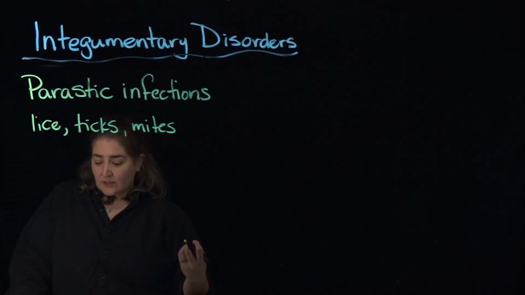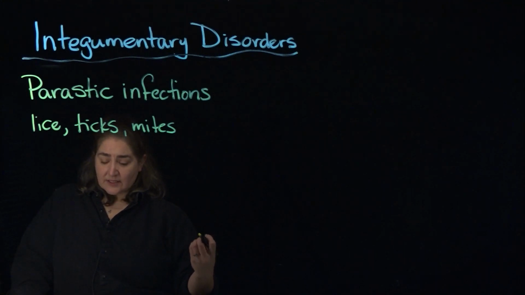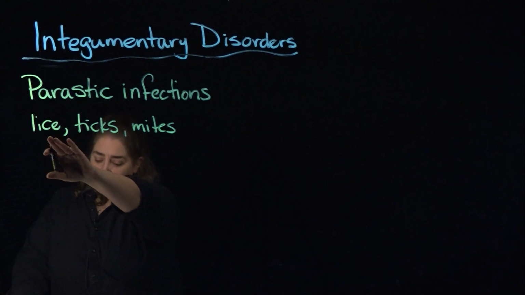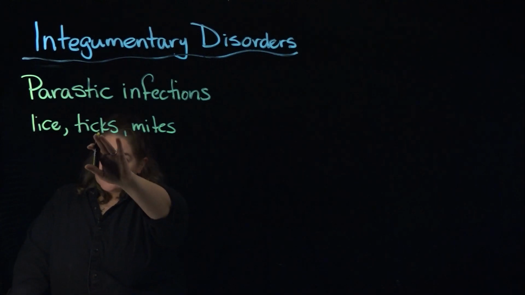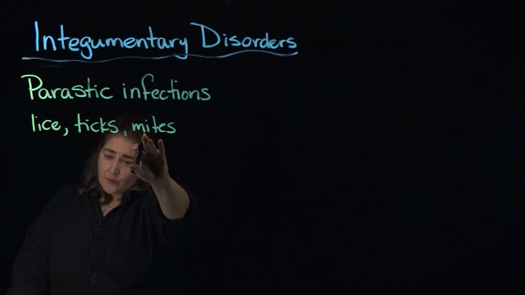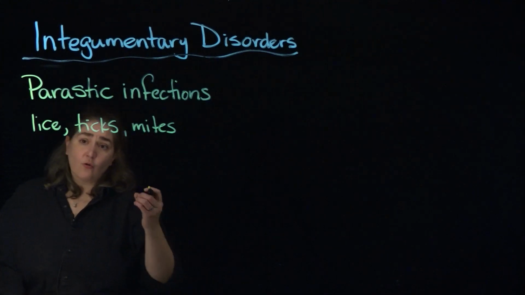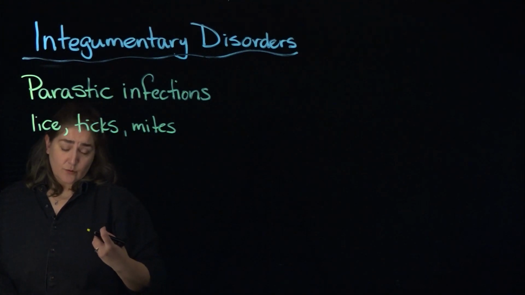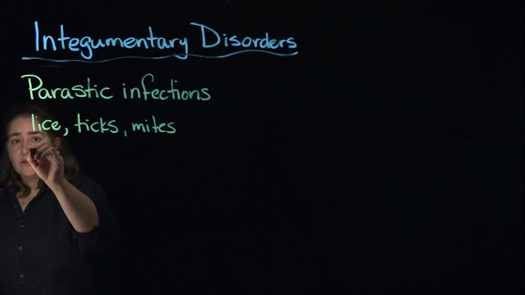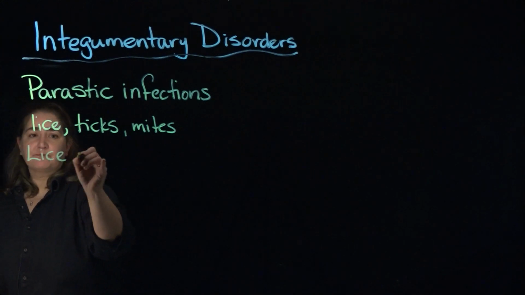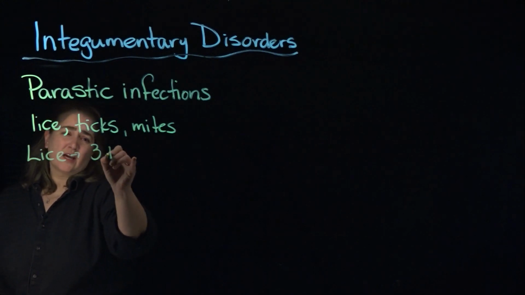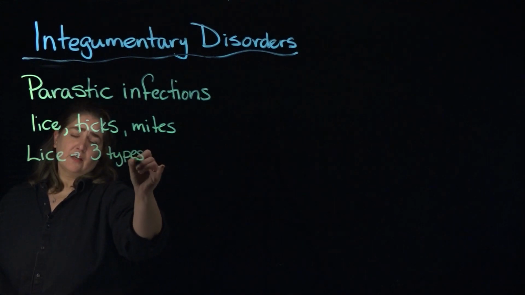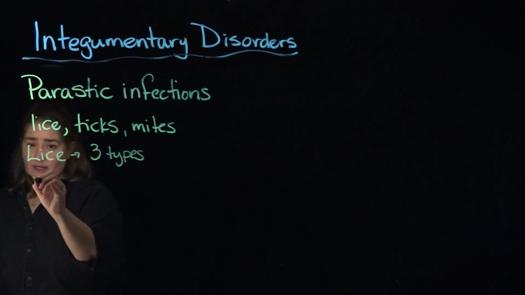All right, so with our parasitic infections, I think I've got an example of lice, ticks, and mites in the PowerPoints. I want you to know what causes each of those. All right, with lice infection, we've got 3 types that can cause infection in the human body.